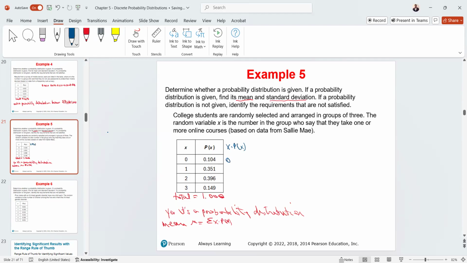You take 0 times 0.104, 1 times 0.351, 2 times 0.396, and 3 times 0.149.